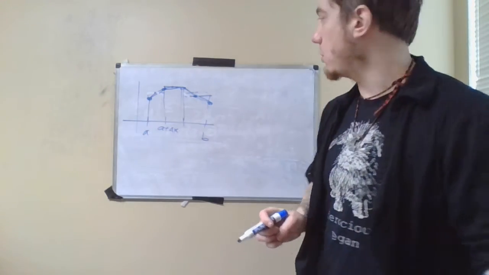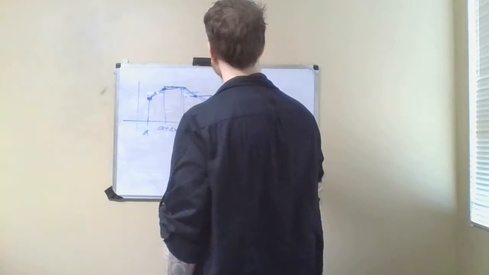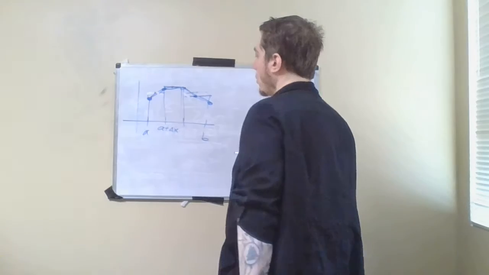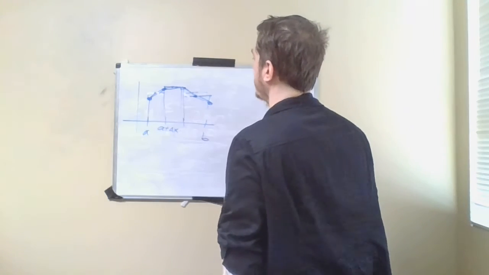So instead of using rectangles, what if I use trapezoids? Well, in this case, we're going to be doing a sum of these trapezoids. Now, what is the area of this trapezoid?